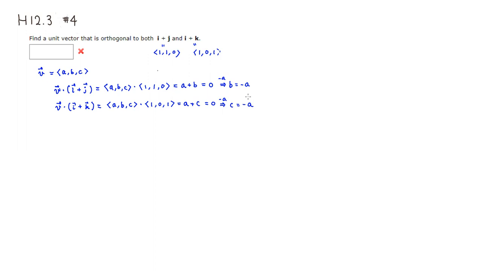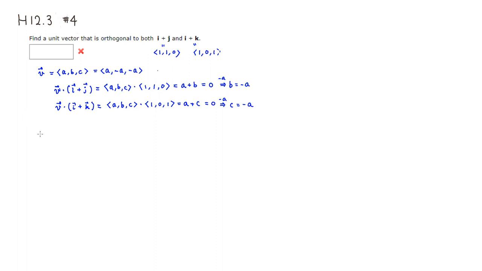So far, we know that vector v has to be such that, we don't know what a is, but we want b to be negative a and also c to be negative a.